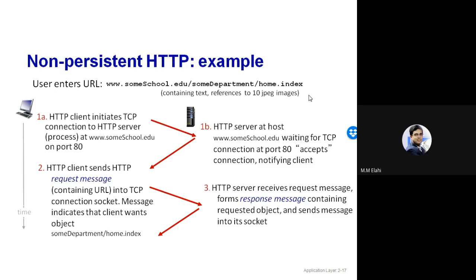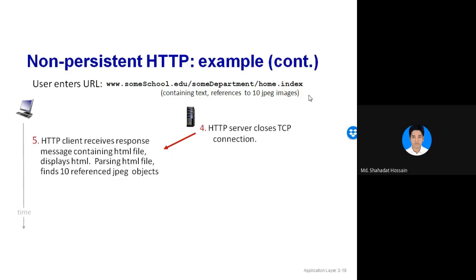And what other step will be changed? Step 5, sir. Because now step 4 will not be there, because once the TCP connection is established, any number of objects can be sent. But it's step 6, I'm sorry.